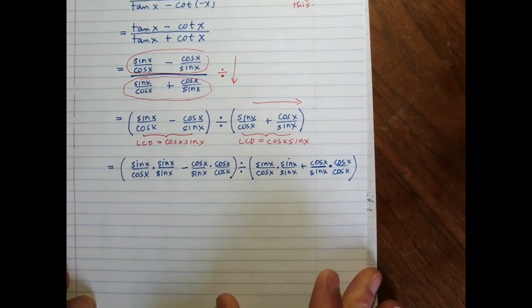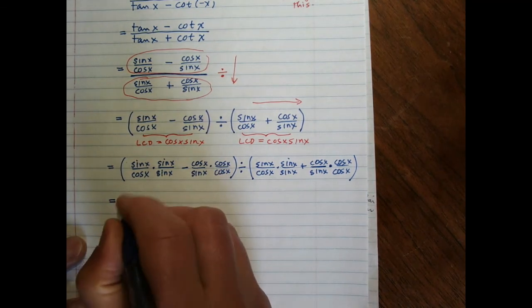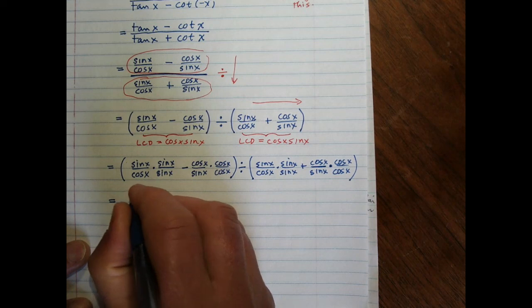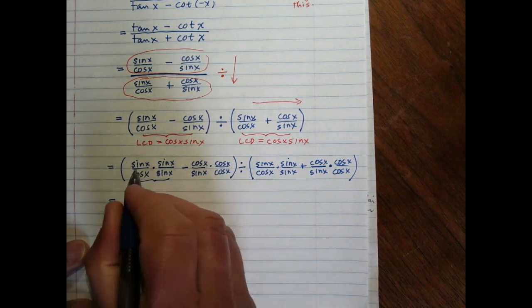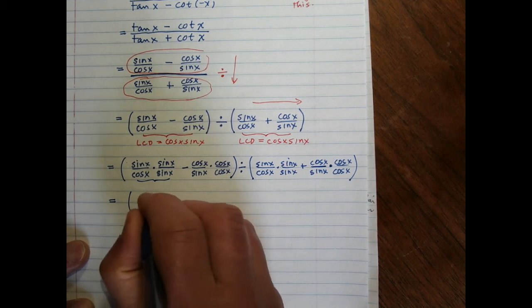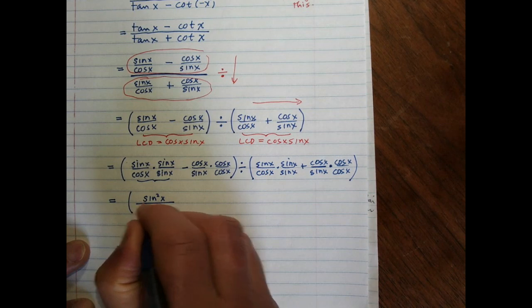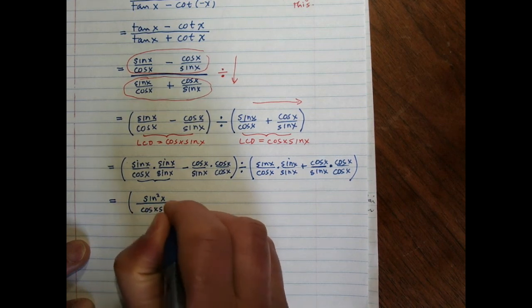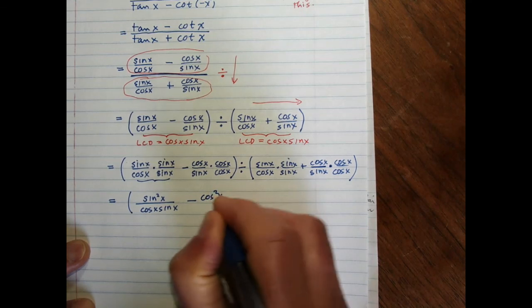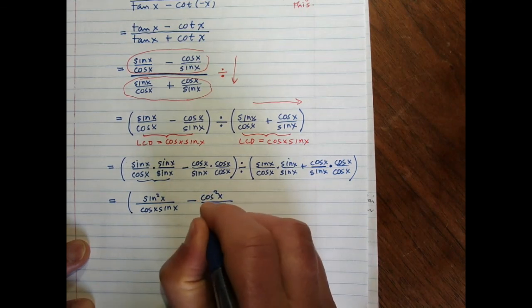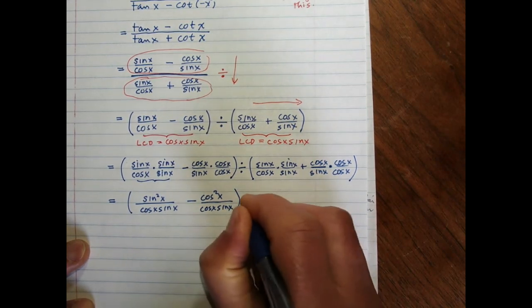Okay. Now, again, I'm not going to leave any step out because I want everybody to see what's going on here. So now my first fraction has become sine x times sine x, which is sine squared x, over cosine x sine x, minus cosine x times cosine x, which is cosine squared x, over cosine x sine x, or sine x cosine x, either way.